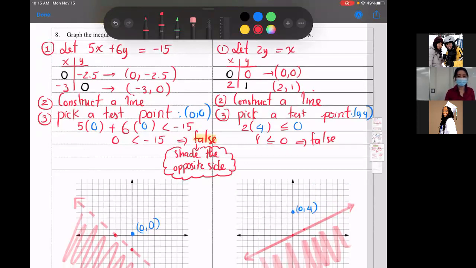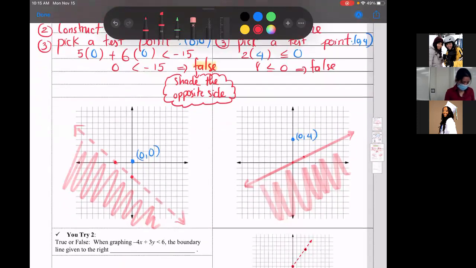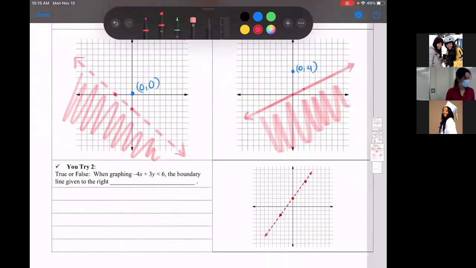We will give you the grid, and I expect you to graph it precisely, or at least this line. It has to be precise. Can't be sloppy.